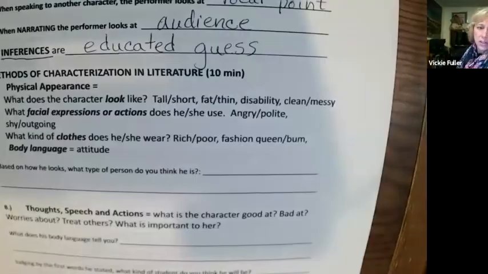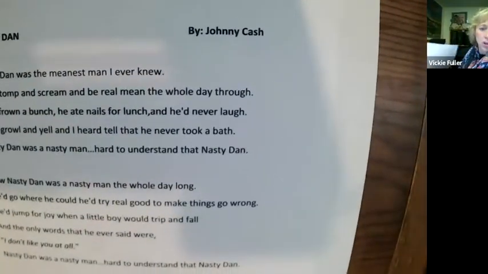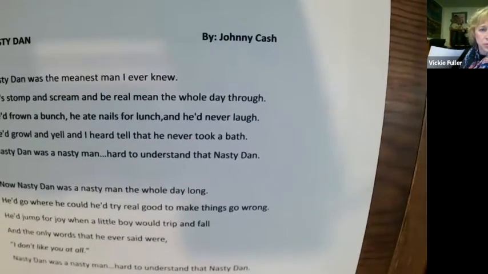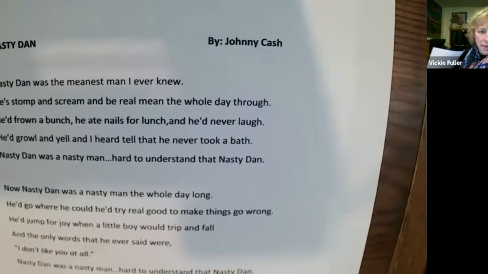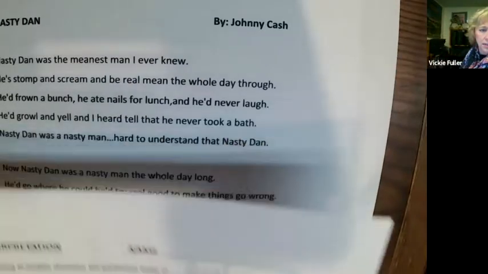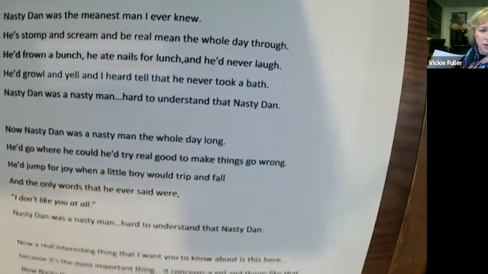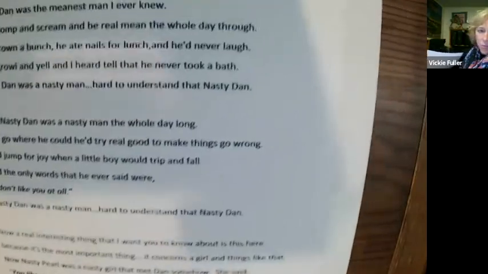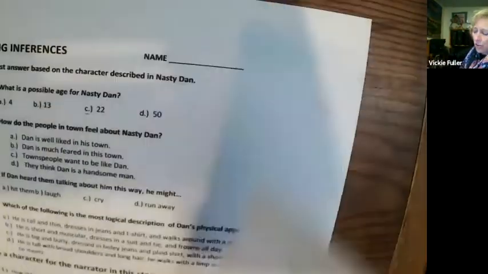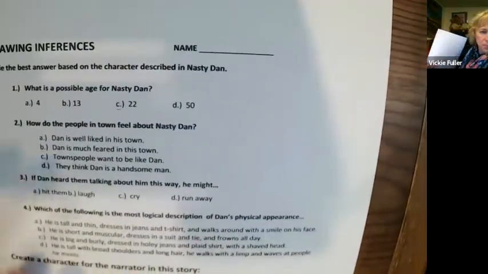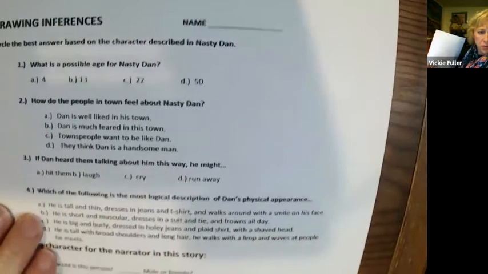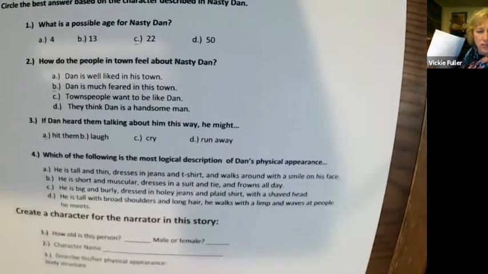Okay, so let me just share my screen here very quickly. You're going to take time alone or with a partner to read the poem Nasty Dan. You can each take line after line if you're reading it with a partner. And then when you're done reading it, you're going to look at 1, 2, 3, and 4. You're going to answer those questions. Please pause the video now.